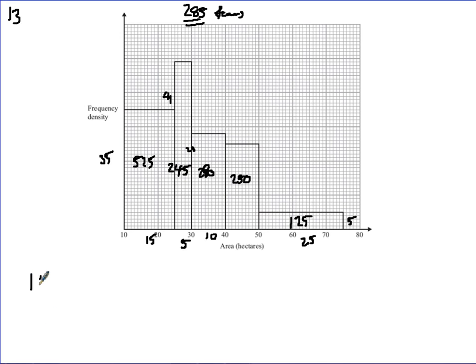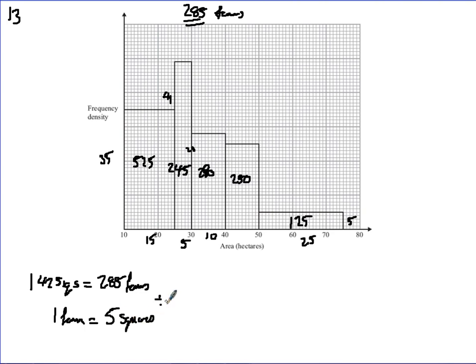Should give us 1,425 squares. So then we've got that equals 285 farms. So one farm is 5 squares.